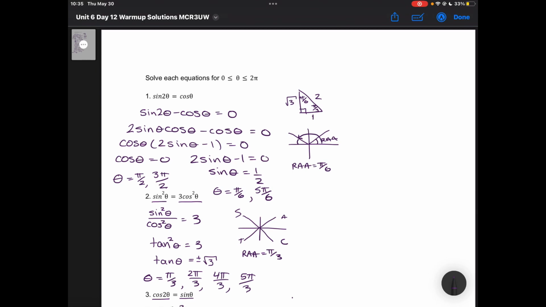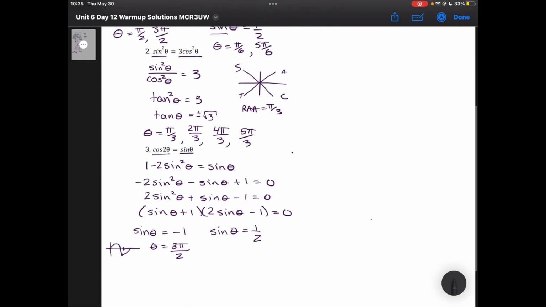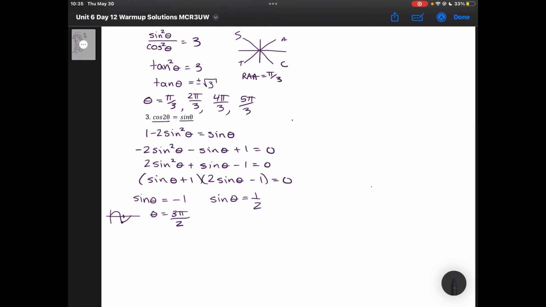For sine theta to be 1/2, that's actually even the same as my first one. So I know that my related acute angle is going to be pi over 6. I know that my answers are in the first 2 quadrants. So my thetas are pi over 6 and 5 pi over 6. And those are my solutions for the last equation.